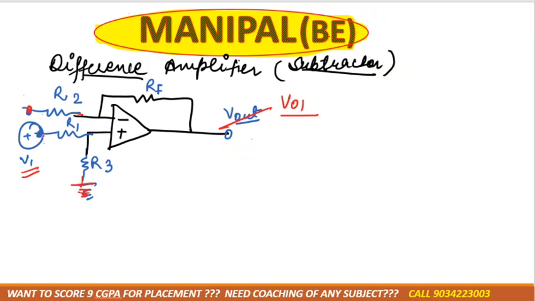So we first consider the V1 voltage, then the output voltage V01 is how much? Let us consider this point to be Vx. Now tell me, is V1 connected with the positive terminal or the negative terminal? Positive terminal. If V1 is connected with the positive terminal, then would it be an inverting amplifier or a non-inverting amplifier?